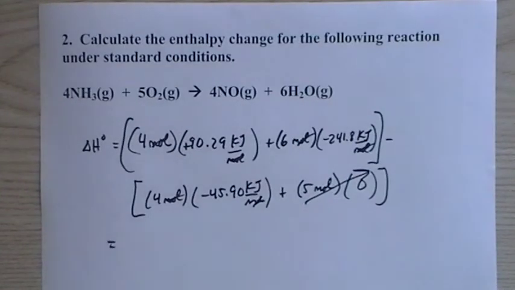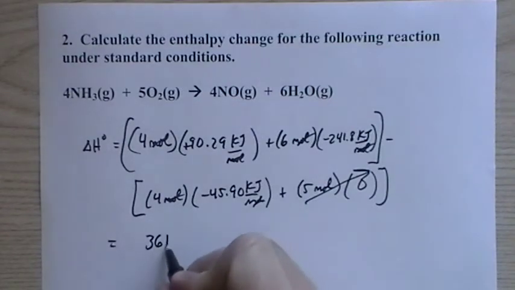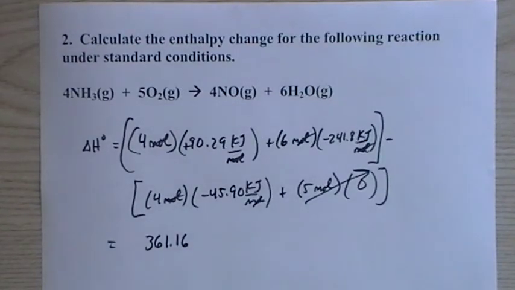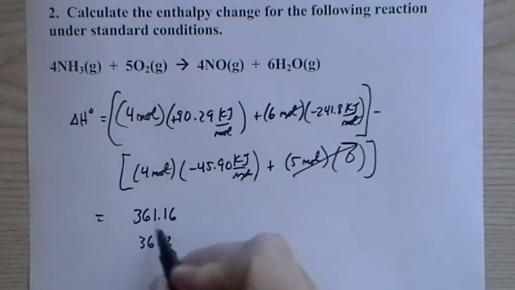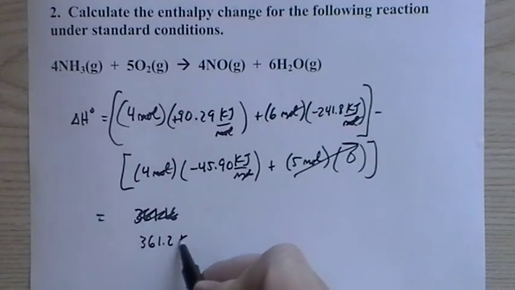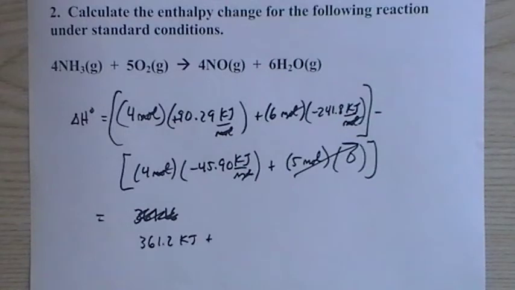So we do this out, we have 90.29 times 4. So this is 361.16. And actually we multiplied it, so it should be 361.2 kilojoules, plus 6 times 241.8.